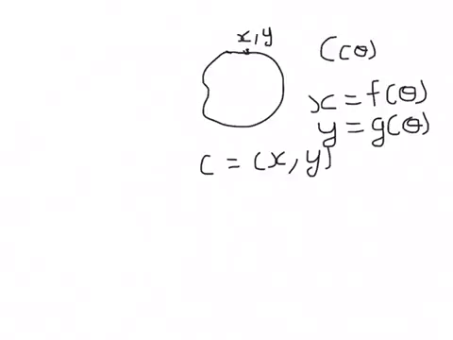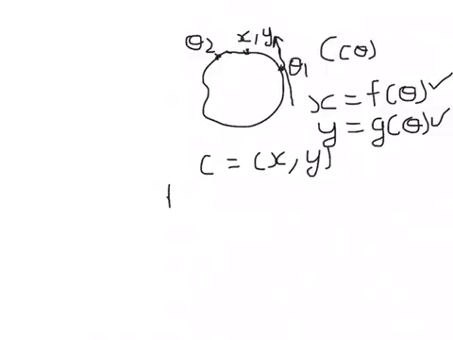So let's say this is a point at some value of theta, theta 1. If we increase theta we can reach some other point, theta 2, and they will have different x's and different y's based on the theta value. Now to find a tangent of the curve at some point here, we have to take the derivative with respect to the variable theta.